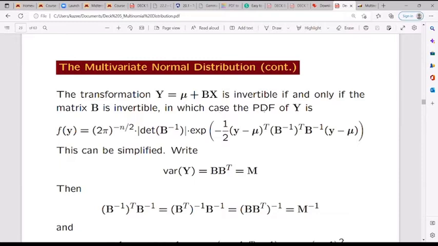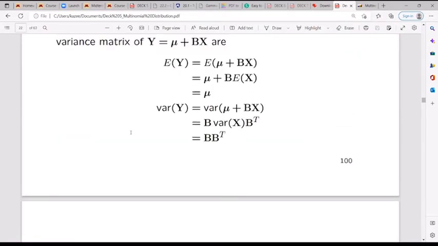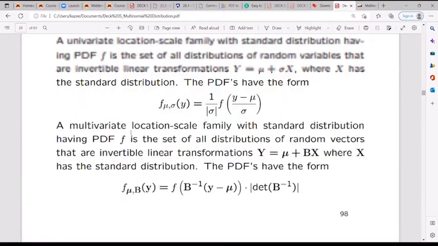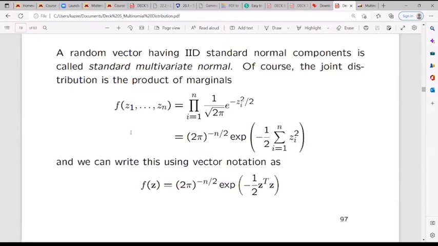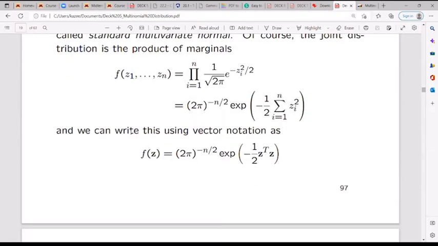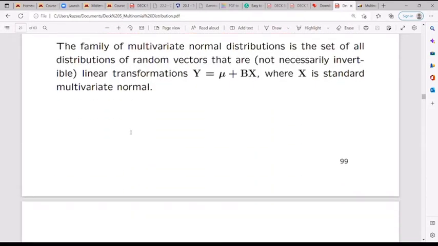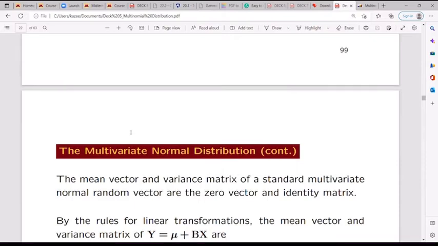In which case, for the PDF of y, I want to rewrite this normal distribution in a multivariate form. This one here is for the standard multivariate normal. But I want to write the one that is not a standard one, the conventional multivariate normal.